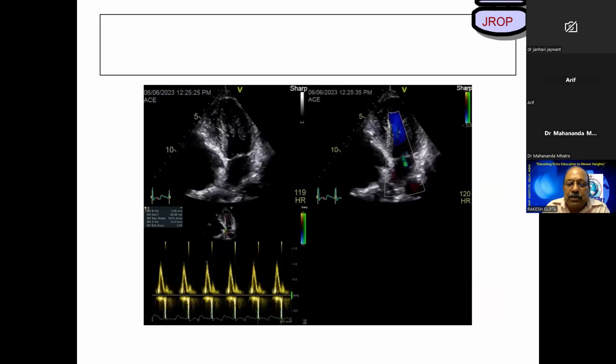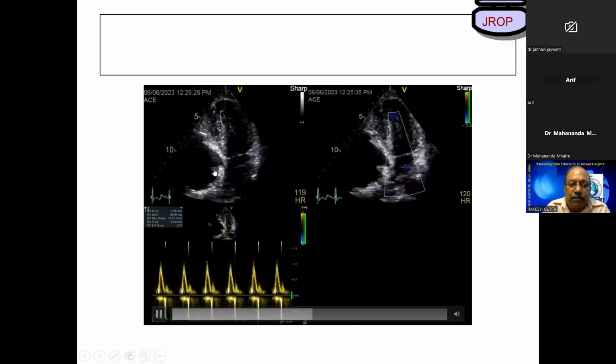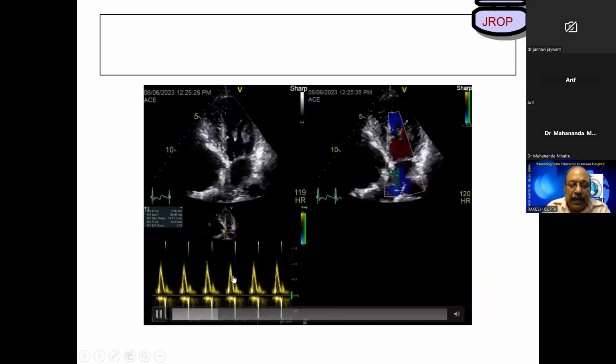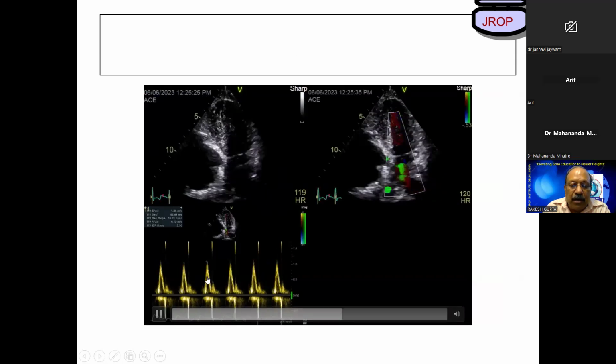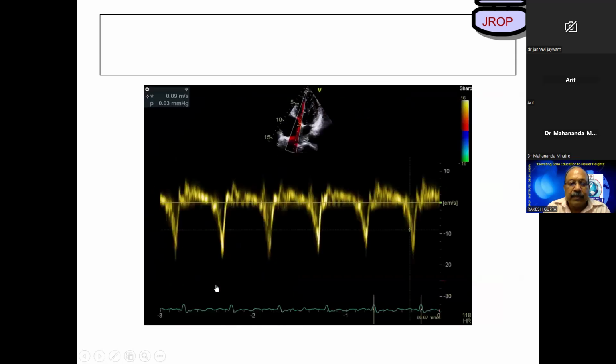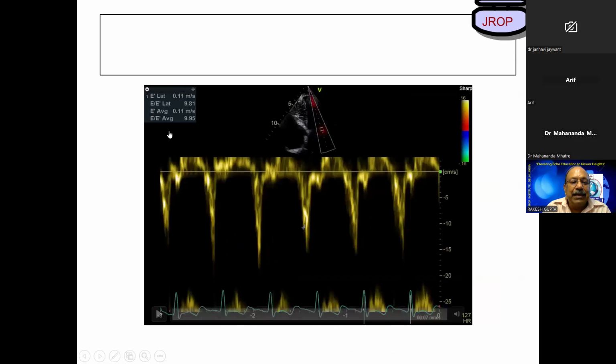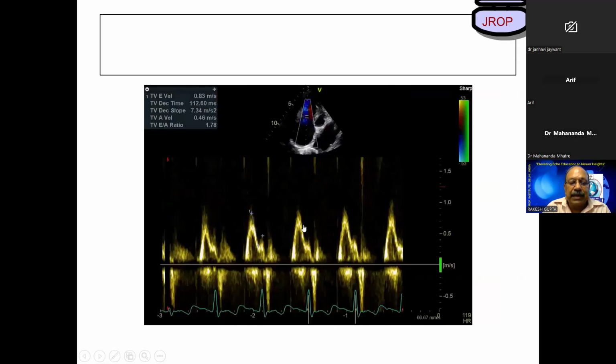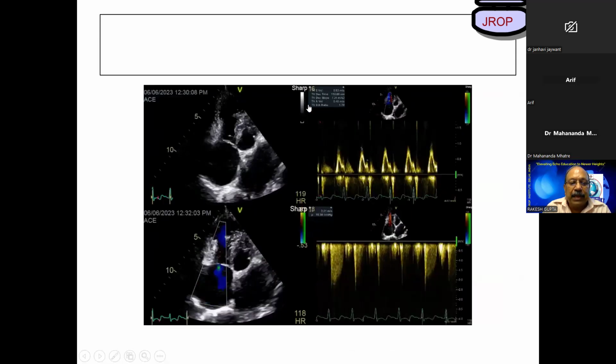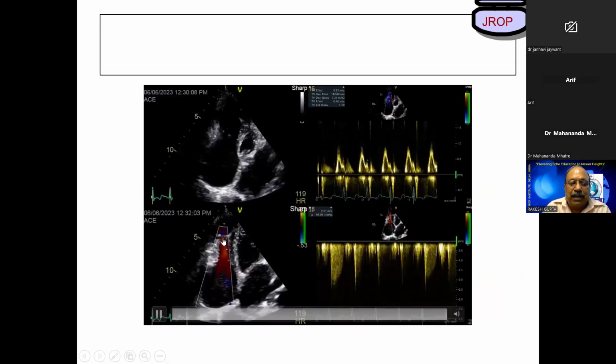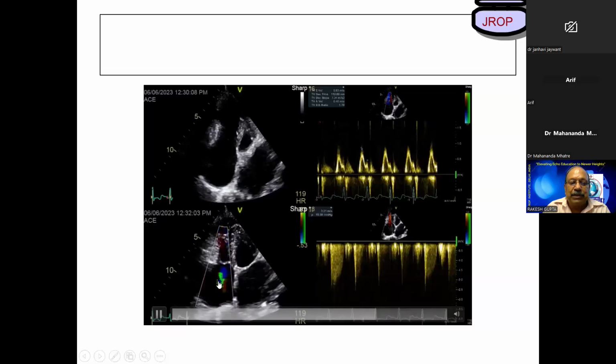So this patient has got a large pericardial effusion on this side. And look at the Doppler flow pattern, tall E, small A. Now look at this E prime septal. E prime septal is only 9. E prime lateral is 11. Correct? Then the EA ratio, mitral Doppler spectral flow. And this is the tricuspid flow pattern in this patient.